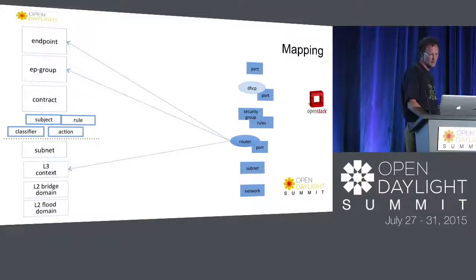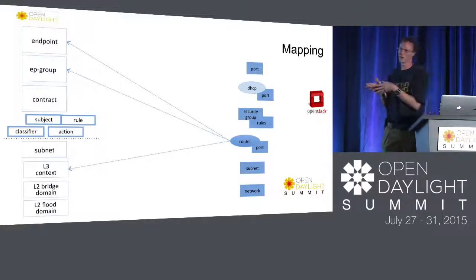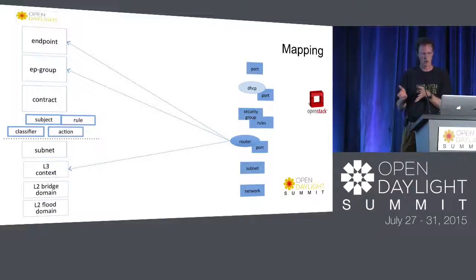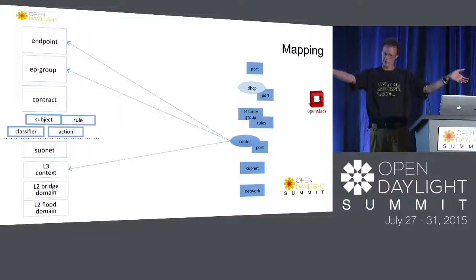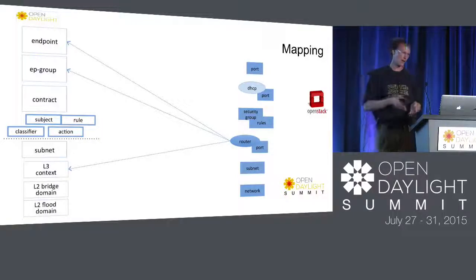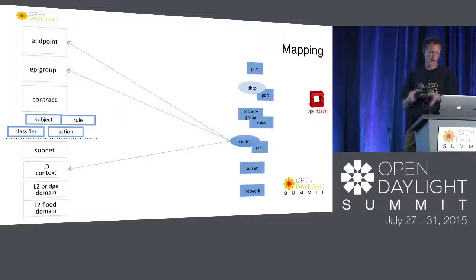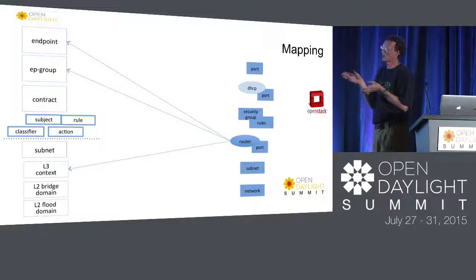And with the router, the port that the router connects to, the gateway port or router interface port, is an endpoint. That way the different endpoints in different groups can connect to each other. And we create a separate endpoint group with a contract between the other groups that need to leverage it, which allows traffic to pass. And we also map the router to a layer 3 context.